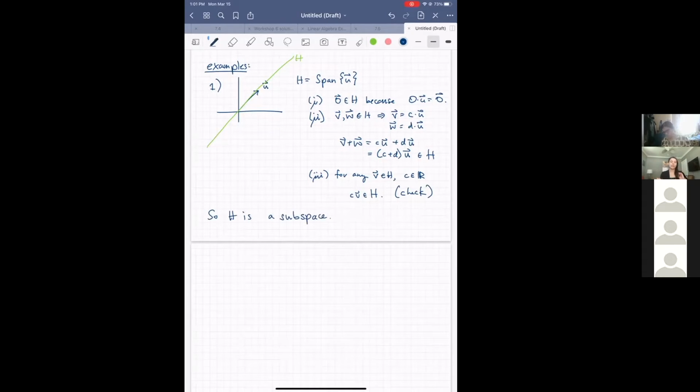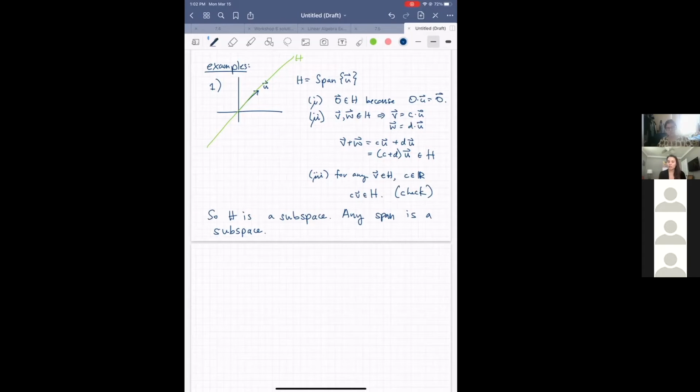And in general, any span, so any subset that we can write as the span of a collection of vectors, is a subspace. We just get that from the definition of the span. It's just the collection of all linear combinations of those vectors.